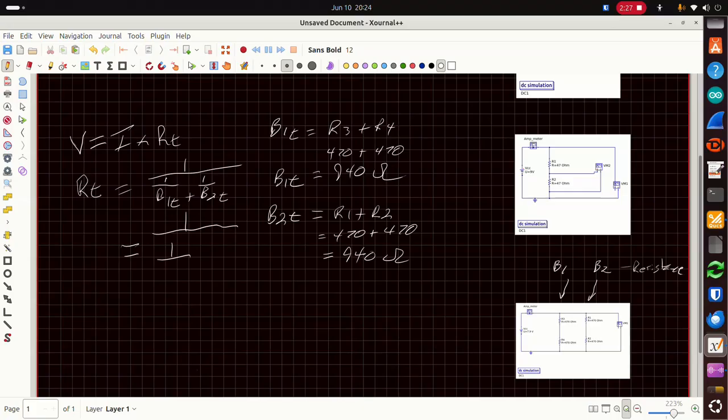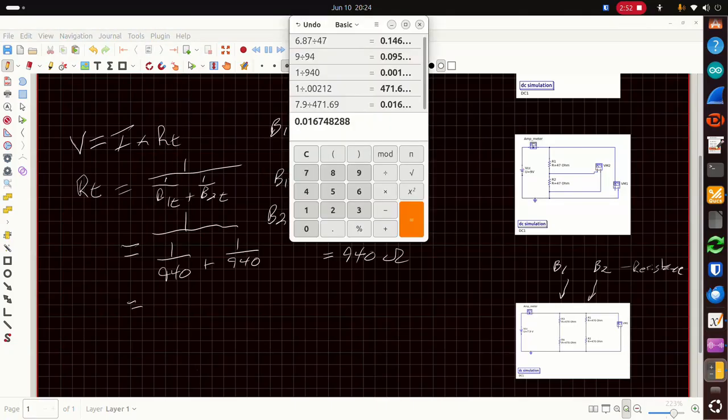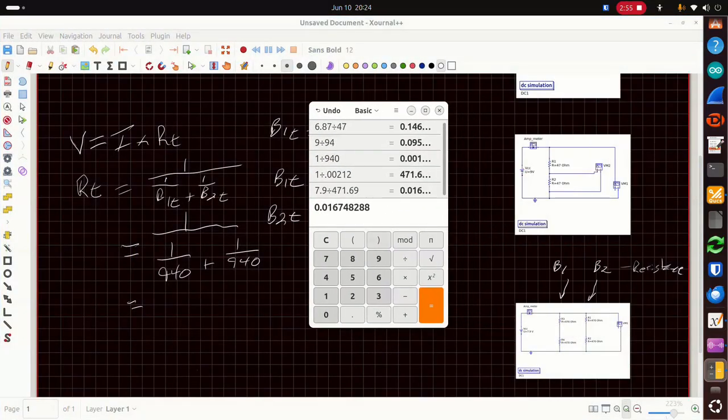So if we say 1 over 940 plus 1 over 940, that kind of simplifies, at least hopefully it simplifies it, and now that equals, and we're going to bring our calculator back into the picture.